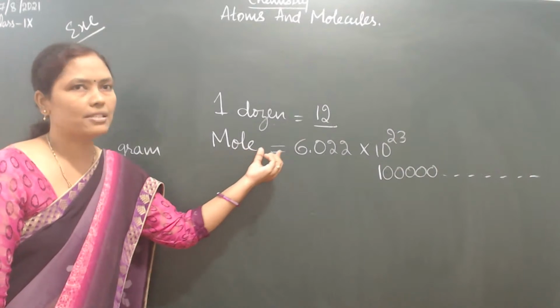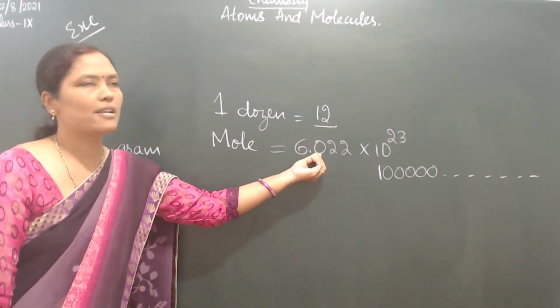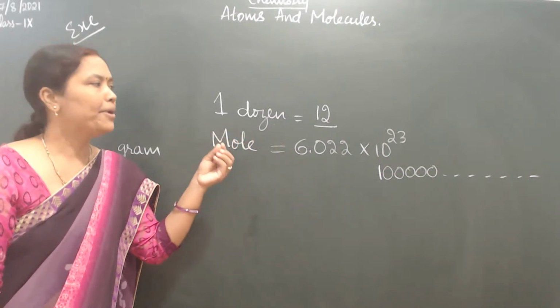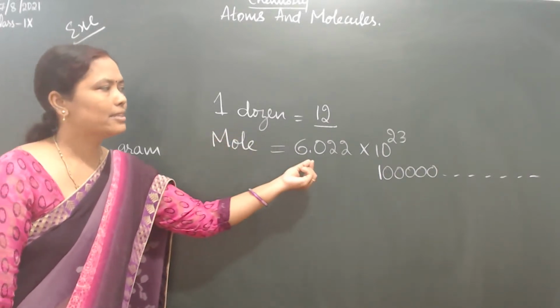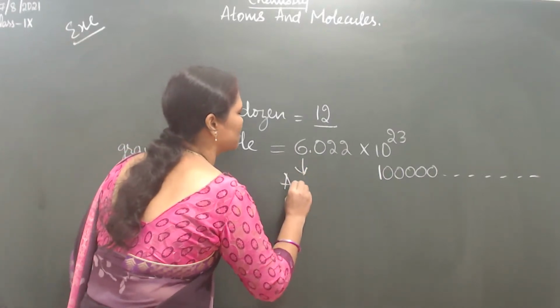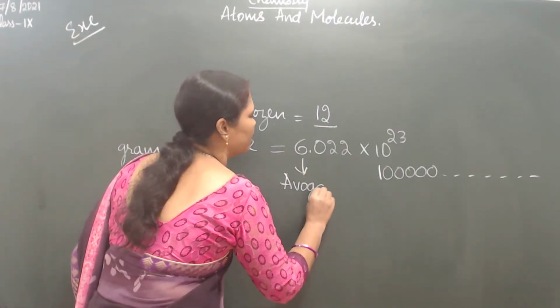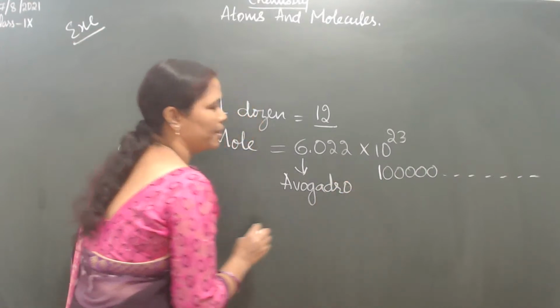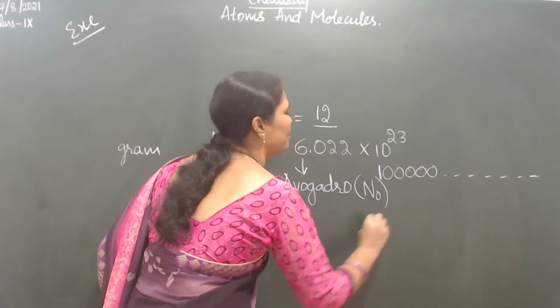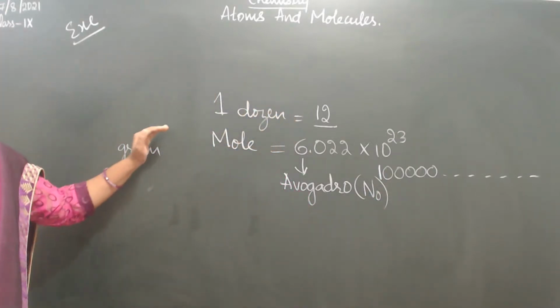Mole is a number, and this number was introduced by a scientist called Amedeo Avogadro, so it is also called the Avogadro number, which is represented by N naught.